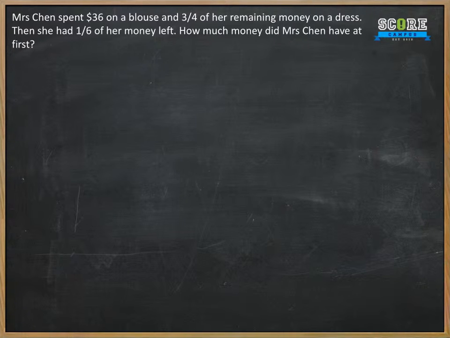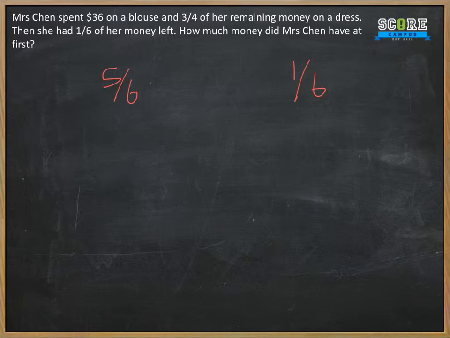So once again, we've got to figure out representations here. What represents what? So we know roughly, let's say, 5/6 has already been spent, and 1/6 is the remainder. Now, from what it says, Mrs. Chen spent $36 on a blouse and three-quarters of her remaining money on a dress.